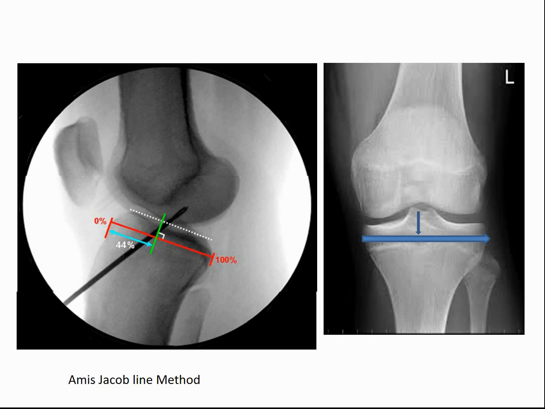The tibial guide pin in this case is located at around 44% along the Amis-Jakob line, which places the guide pin in the center of the ACL tibial attachment site. And in the coronal plane, the tibial tunnel should be centered around 47% across the width of the tibial plateau from the medial tibial cortex.